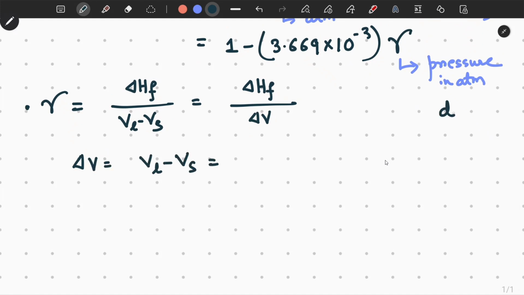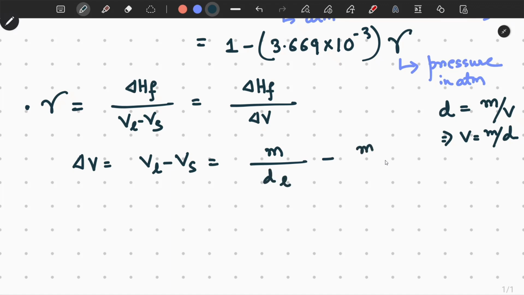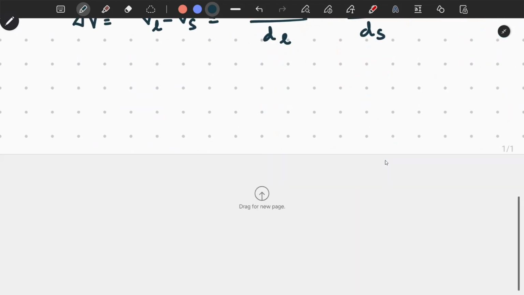We know that density is mass by volume. So volume is mass divided by density. So it is M times 1 by d liquid minus 1 by d solid.